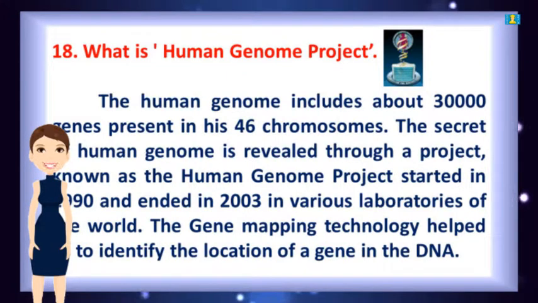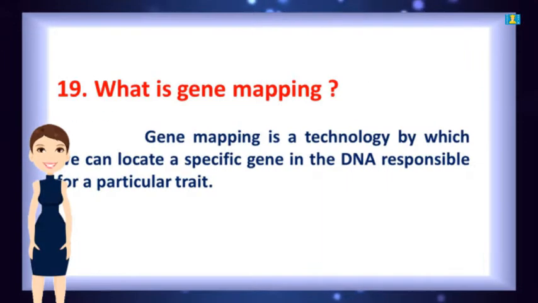The gene mapping technology helped us to identify the location of a gene in the DNA. What is gene mapping? Gene mapping is a technology by which we can locate a specific gene in the DNA responsible for a particular trait.